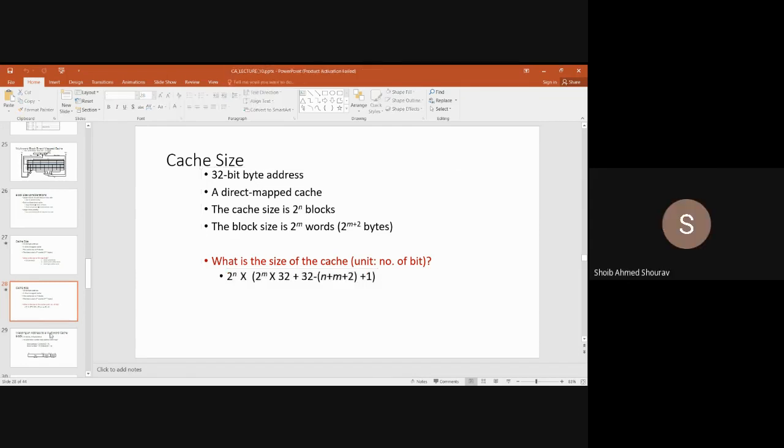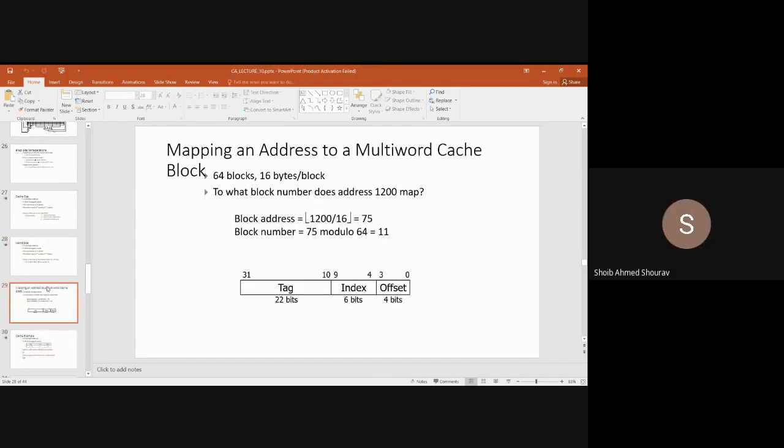Okay, fine. And then we have seen if a byte address is given instead of the word address, how can we find in which block this byte will go? Out of 64 blocks, this byte was going to block number 11, and we have to find this in two steps.